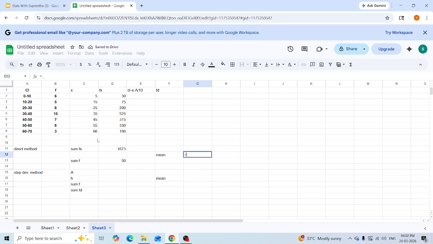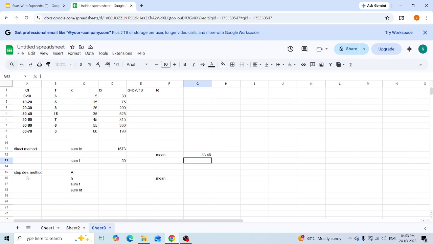So the mean is sum of fx divided by sum of f, that is 33.46. So using the direct method we calculated the mean. That is how we calculated, by finding the mid value, multiplying it with the frequency and dividing by the sum of f, that is n.